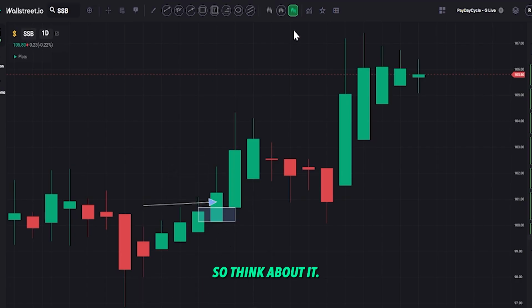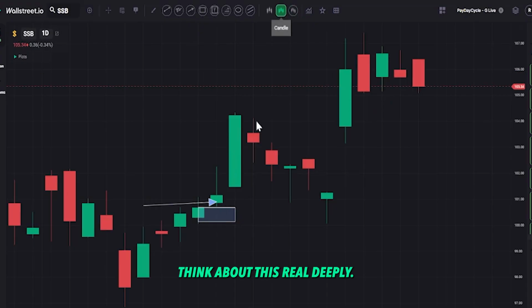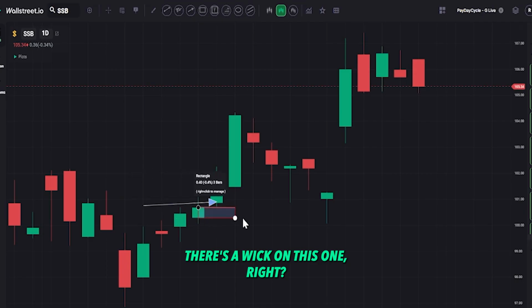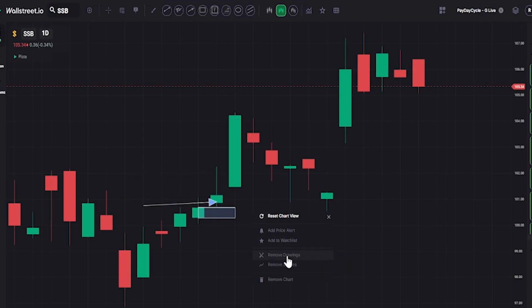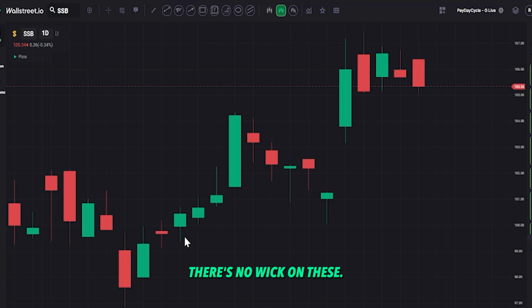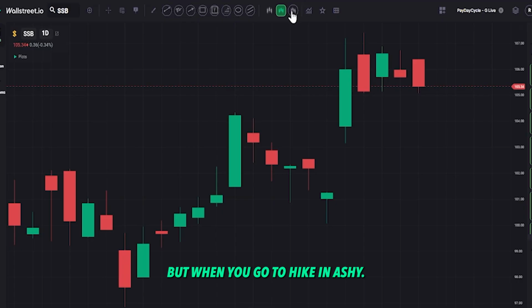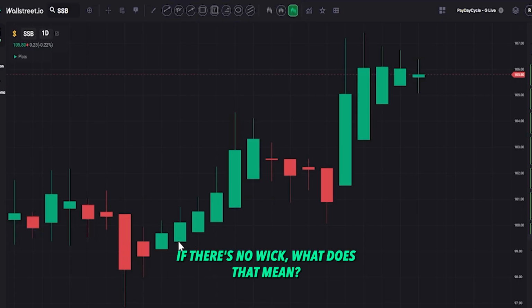So think about it. Think about this real deeply. If there's no wick down here, there's a wick on this one, right? There's no wick on these. There's a wick on the regular candles, but when you go to Heiken Ashi, if there's no wick, what does that mean?